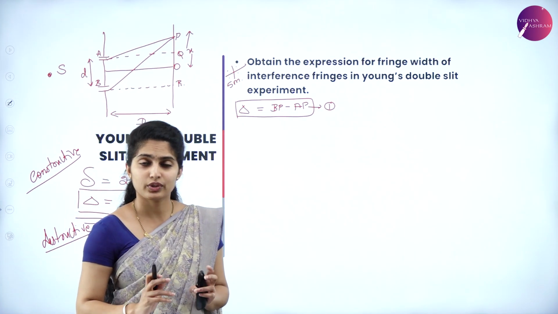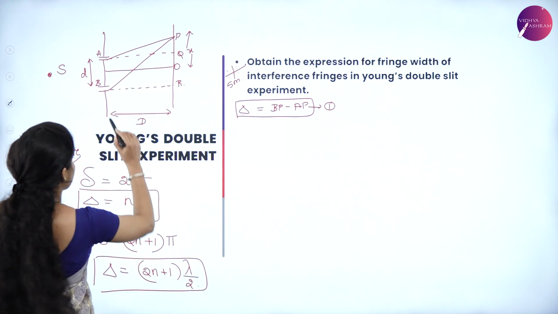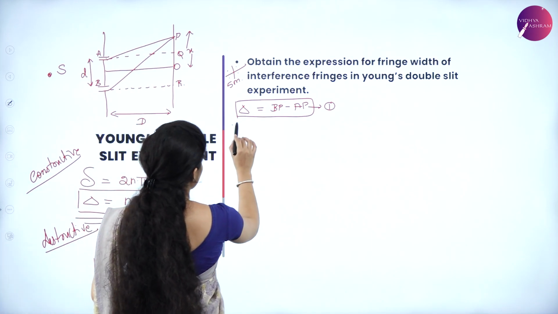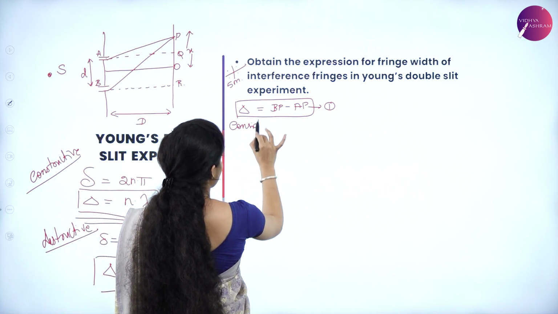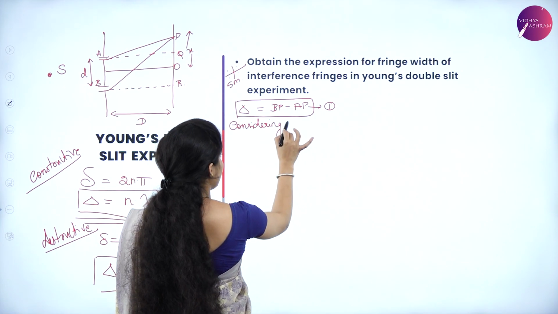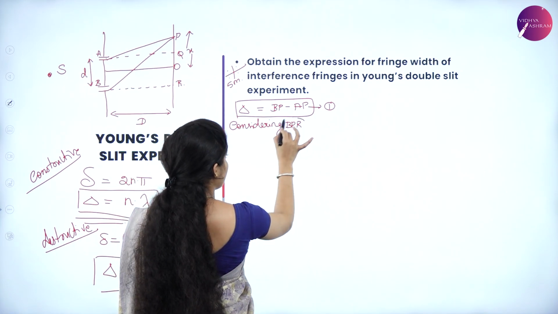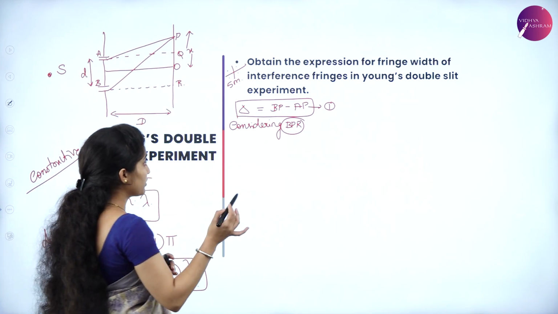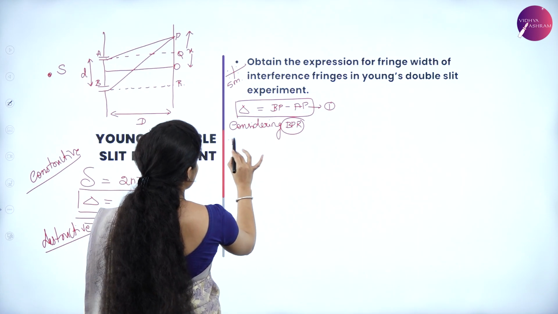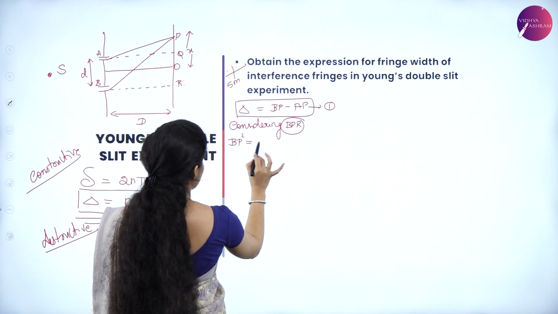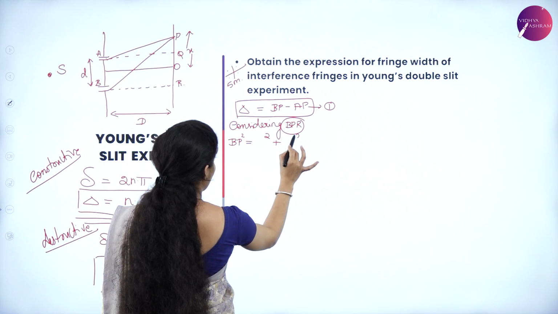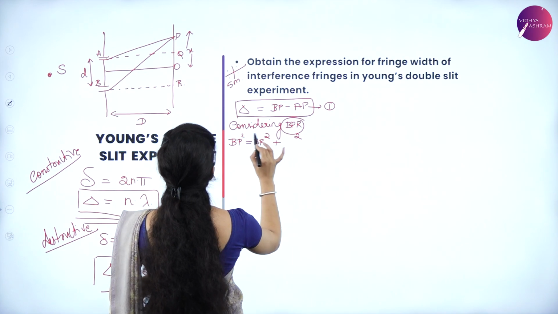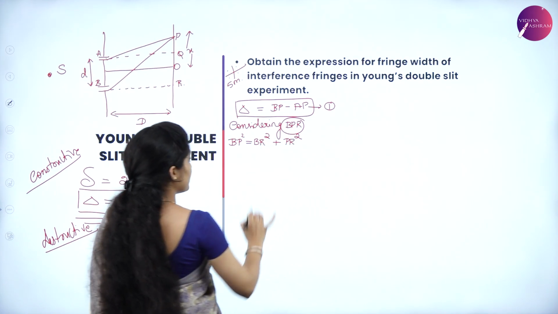Now we need to consider two triangles. One is BPR. Considering triangle BPR, we have a right angle triangle, so by the Pythagoras theorem, hypotenuse BP square is equal to the sum of squares of the other two sides, BR square and PR square.